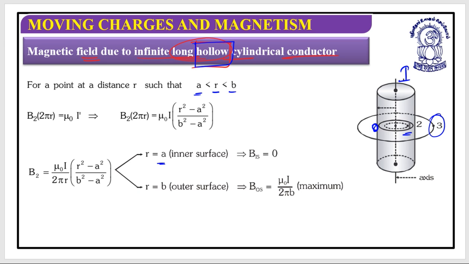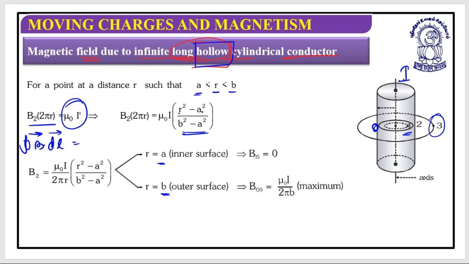The radius of the inner surface is a, and the radius of the outer surface is b. So B multiplied by 2 pi r, the line integral of B dl, equals mu naught times I enclosed. Now I enclosed can be written as r squared minus a squared divided by b squared minus a squared, which we did last time as well.